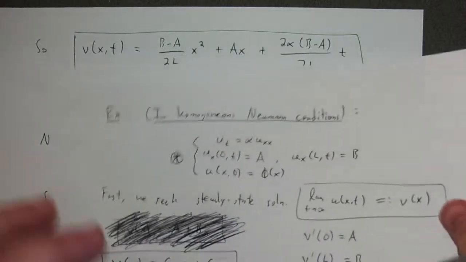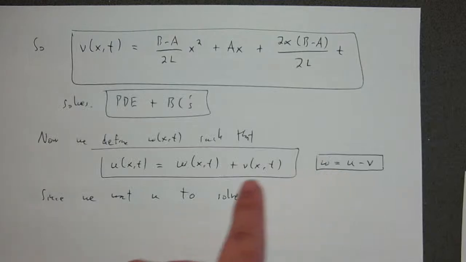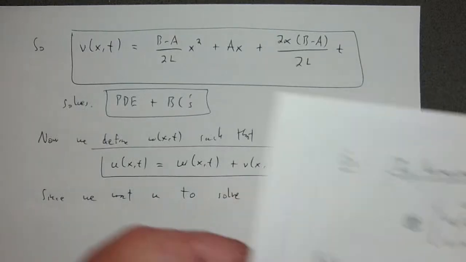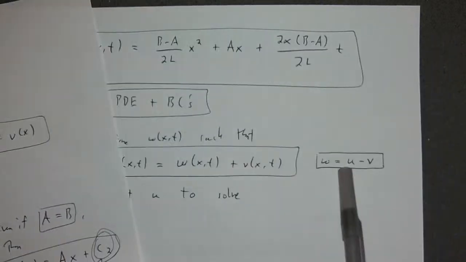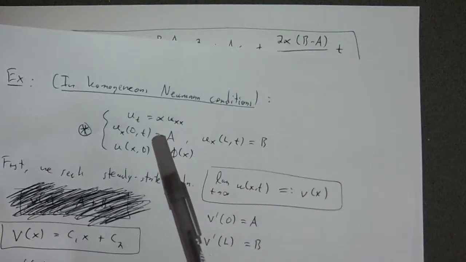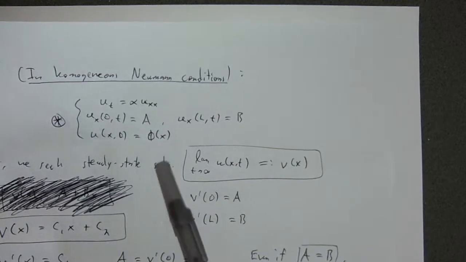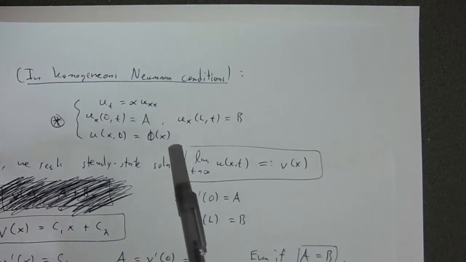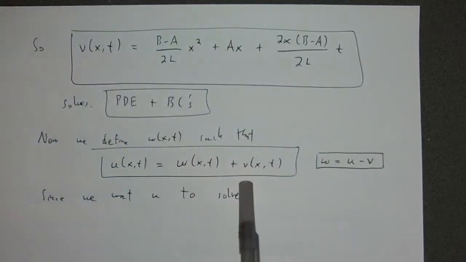W should solve the same PDE, but now what are the boundary conditions going to be? Well, if w and v both solve these boundary conditions, then subtracting them off at the boundary, I'm going to get homogeneous Neumann conditions. And then the initial condition is going to be phi of x minus the initial value of v, which is going to be v of x,0.